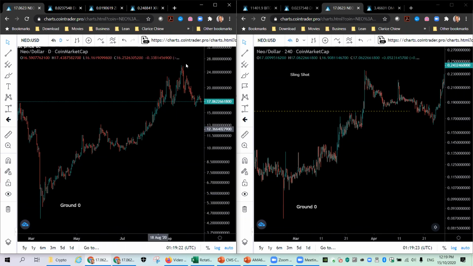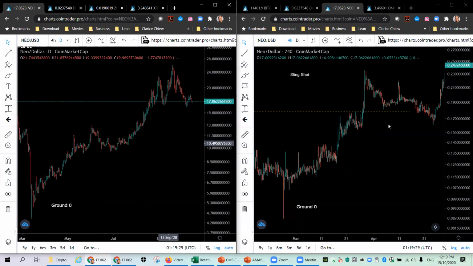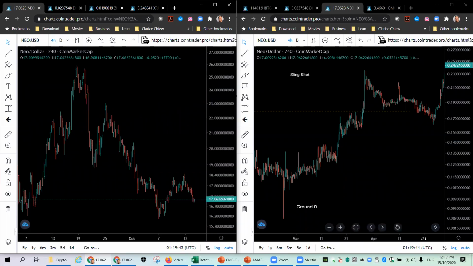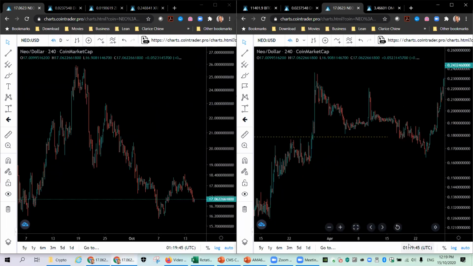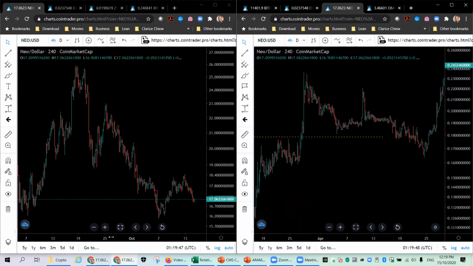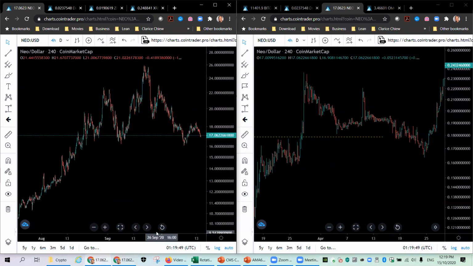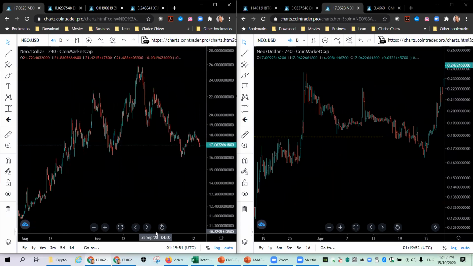So this major structure here is the biggest structure so far since ground zero, which I'm tying to the slingshot right now. And if you want to zoom in around here, we could zoom in to the four hourly around there.